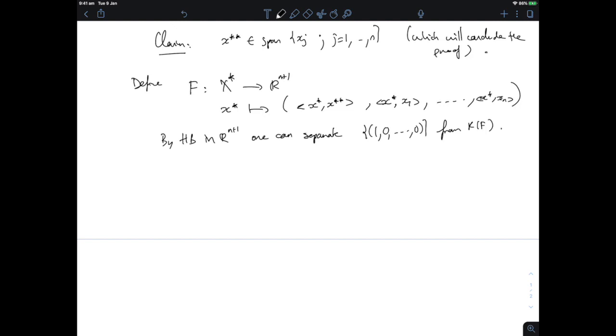Separating a single point from that set, that closed set, R of f. So what does that mean?